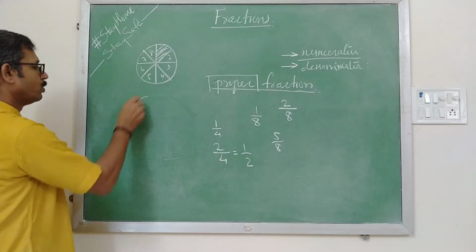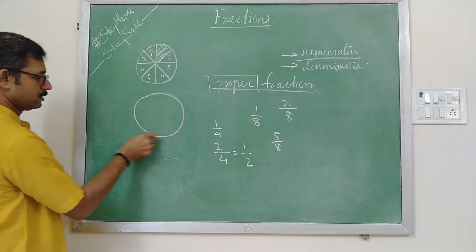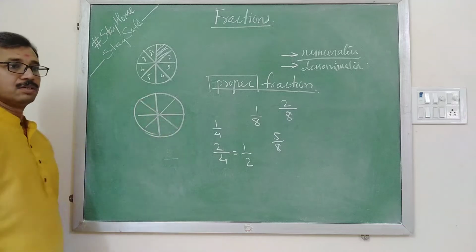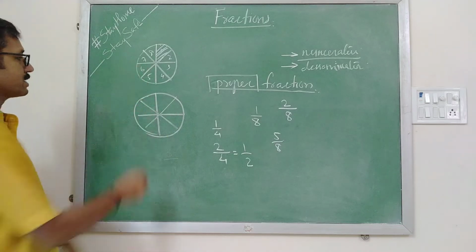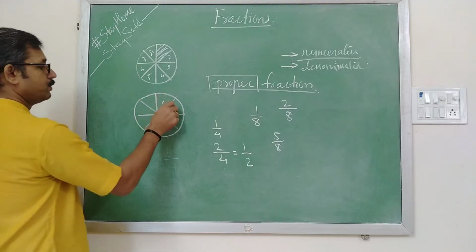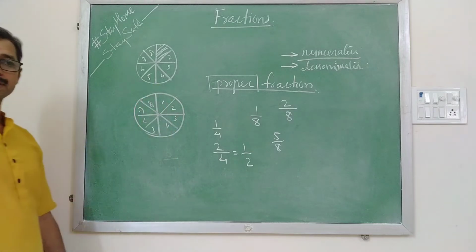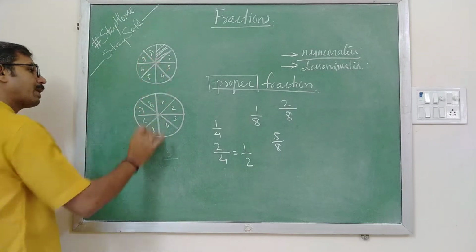Now the next one. Here I am going to take one more of the same type. Again here also it is 1, 2, 3, 4, 5, 6, 7, 8. Now I am going to combine these two.